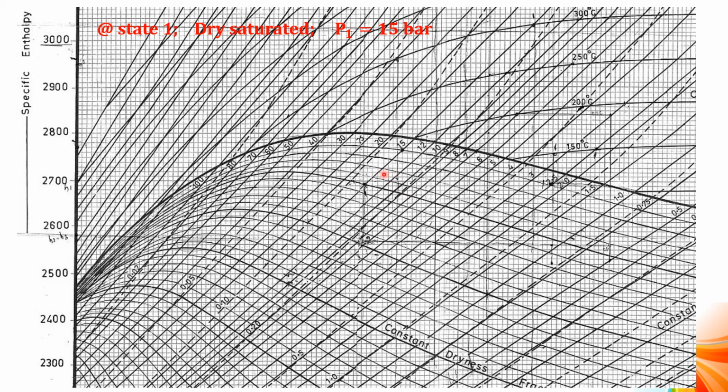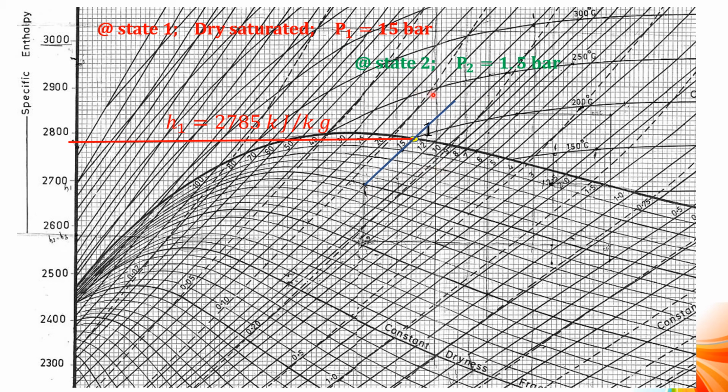So from the Mollier diagram, you have to identify the 15 bar pressure line. So this is the 15 bar pressure line and this is the saturation curve. So here we have to locate the point 1. Now from point 1, I draw a line towards the y-axis and measure the value of specific enthalpy at 1. So H1 is equal to 2785 kilojoule per kilogram.